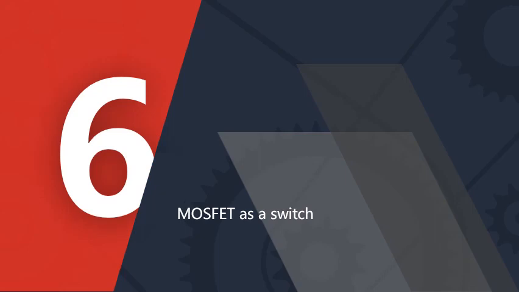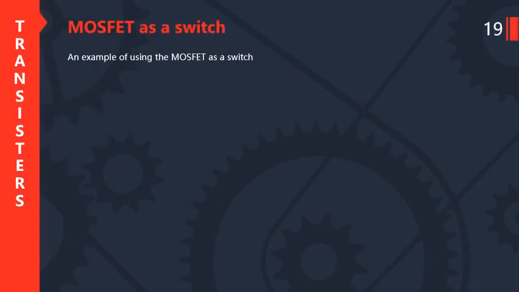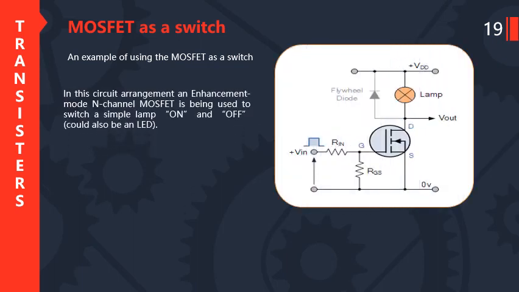The next is the MOSFET used as a switch. So, an example of using the MOSFET as a switch. So, this is the circuit diagram.